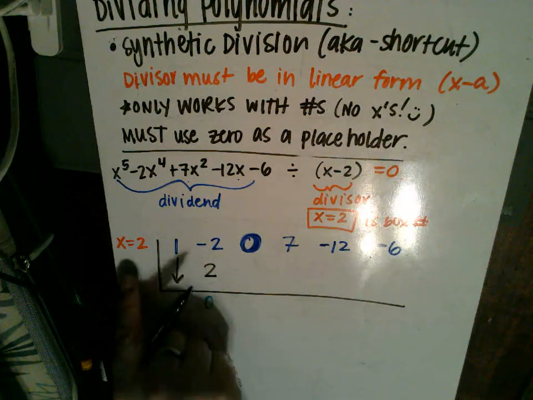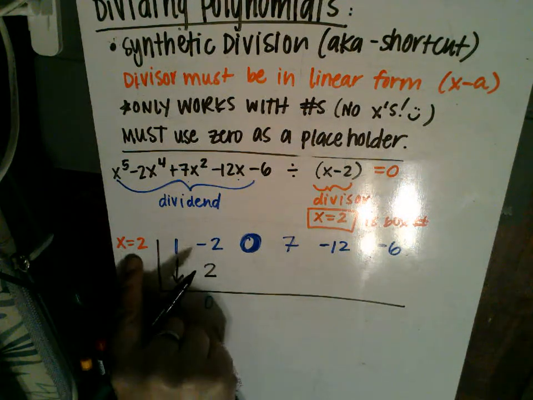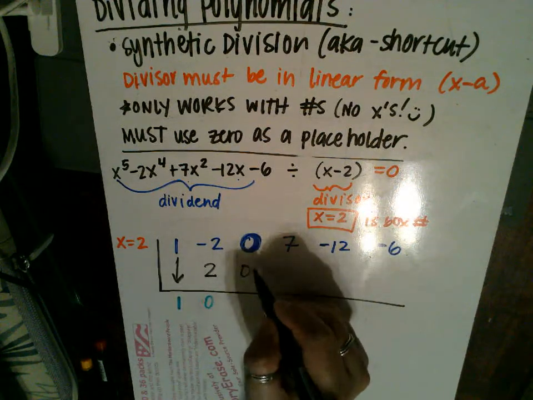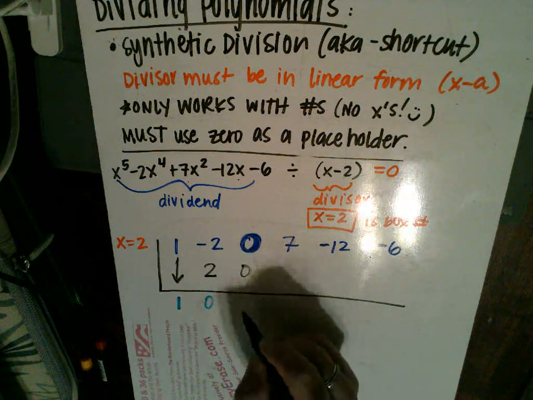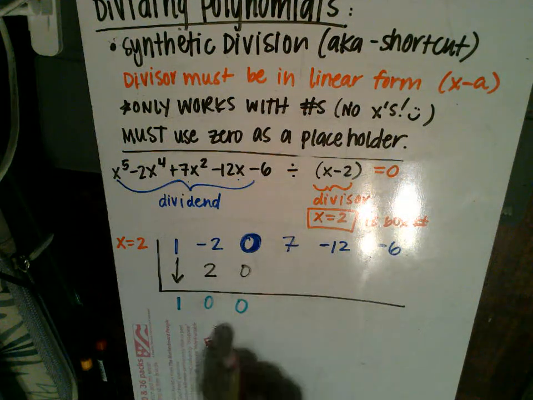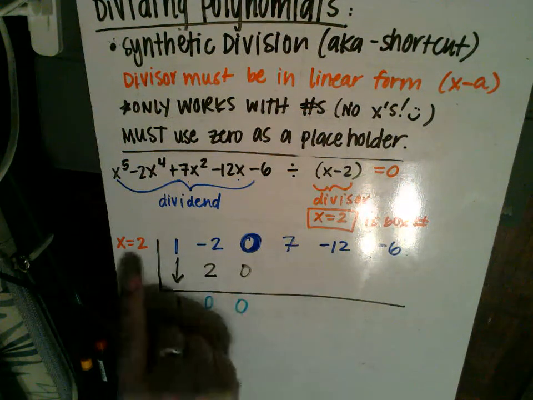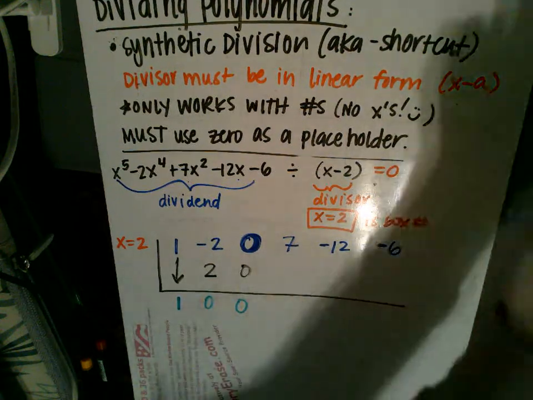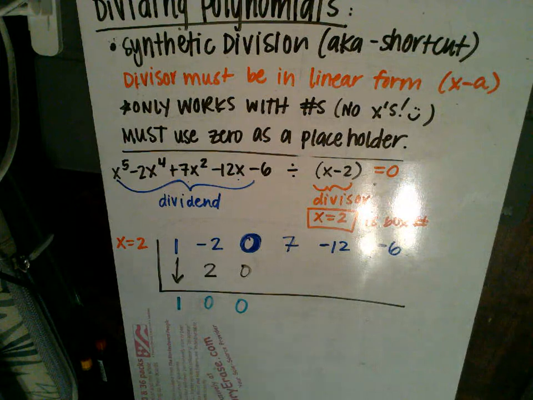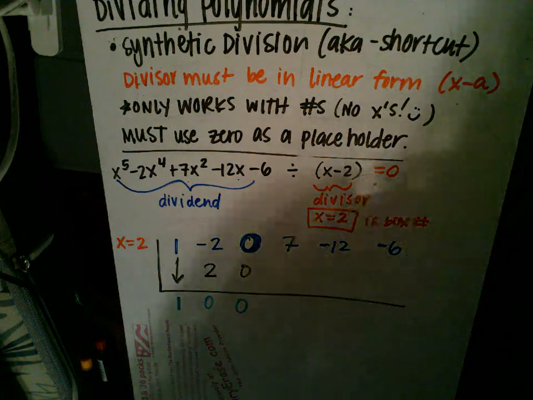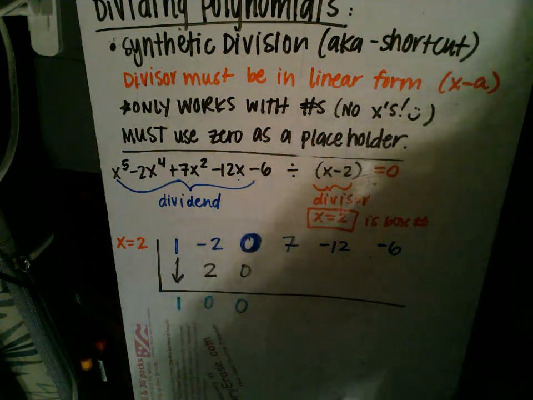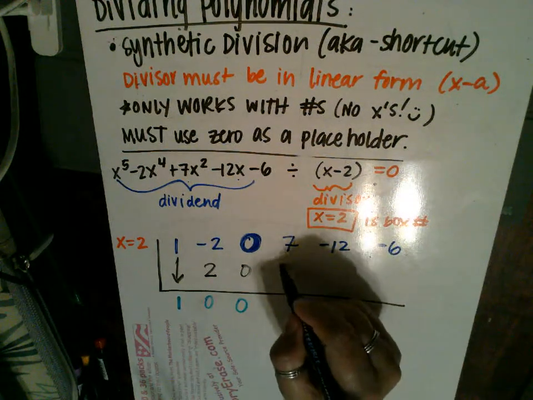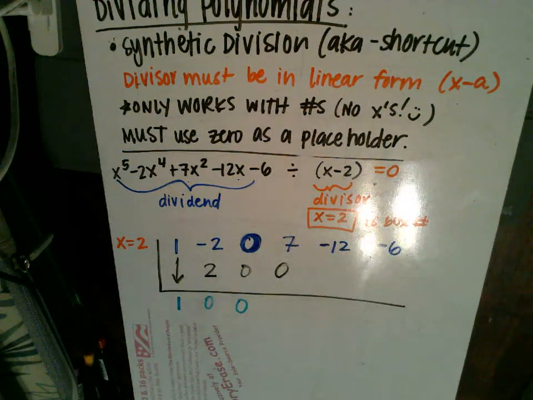This number times our box number, 0 times 2 is 0. 0 plus 0, add vertically, is 0. Start over. 0 times 2 is 0. Put it in the next spot, add vertically.